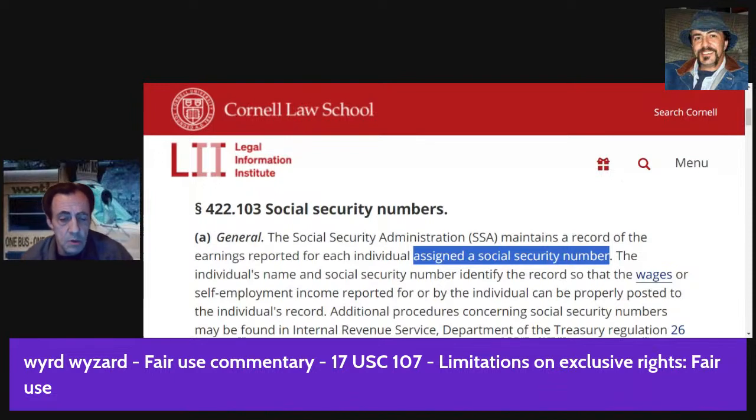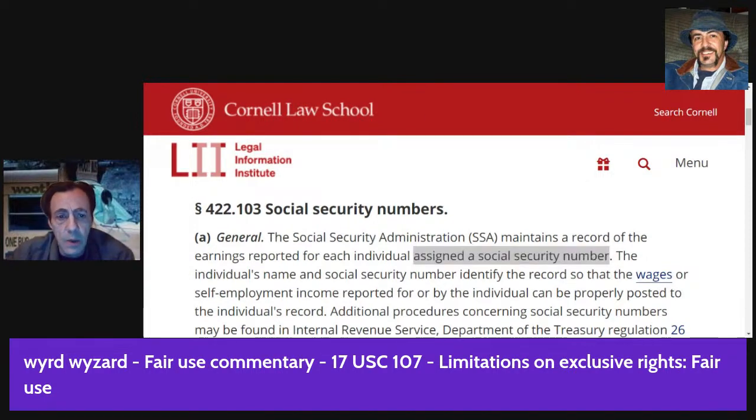And there are two numbers, one on the front and one on the back. That Social Security card is known as a card, a credit device used to obtain money, property, labor, or services. By definition.